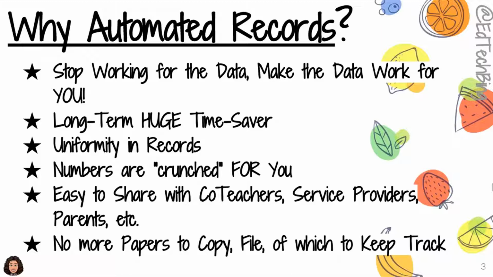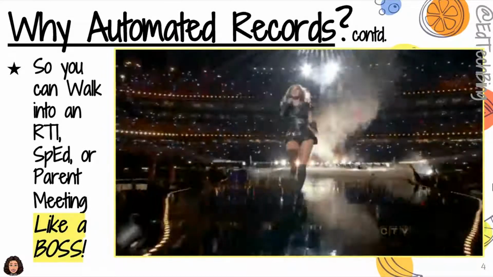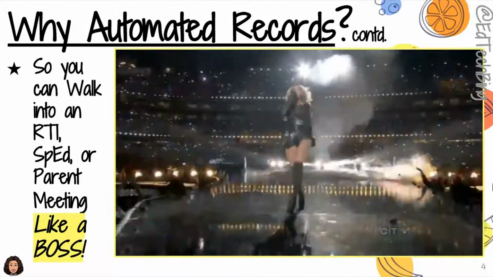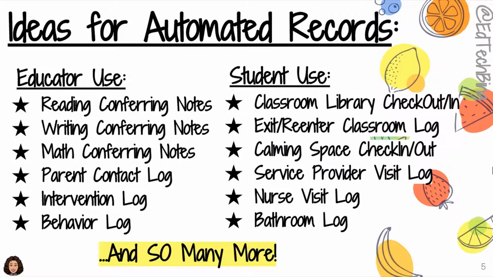And possibly the best reason for going automated with your record-keeping system? Here are a few ideas for the types of data that you could keep with an automated record-keeping system.